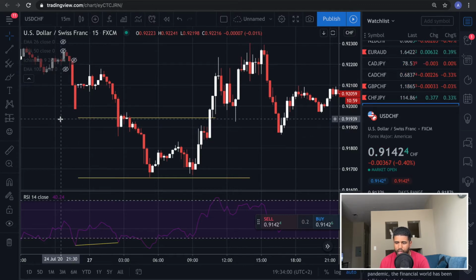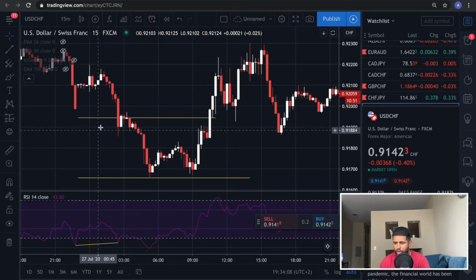It sends me a signal when a divergence is happening, so I can go ahead and look at the chart and see if that divergence is a sell or a buy.